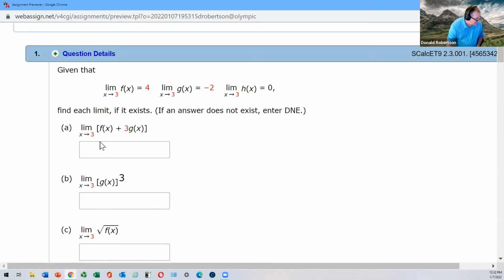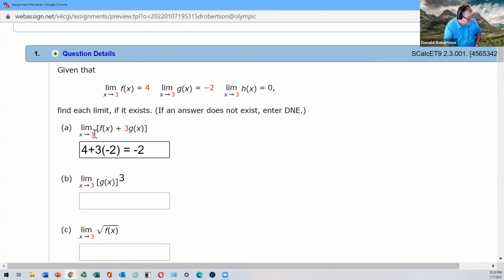Well, I know what f of x is, it's 4. And I know what g of x is, it's -2. So it shouldn't be a surprise that it's 4 plus 3 times -2. In which case, what do you get? You get an answer of -2.